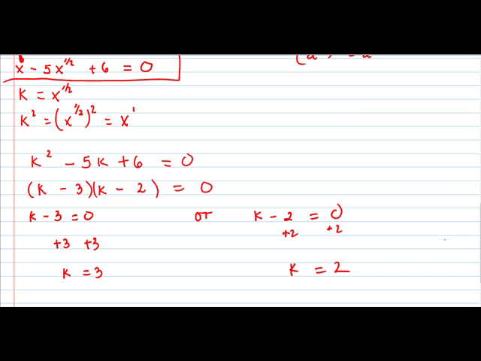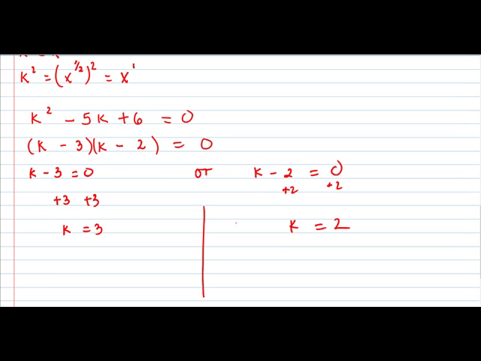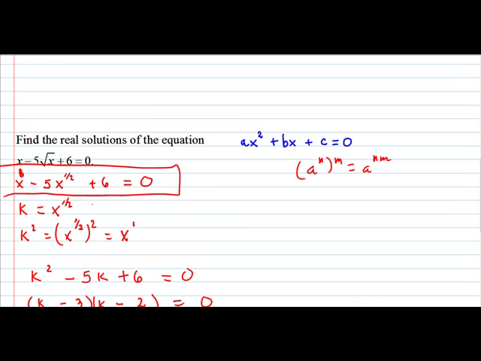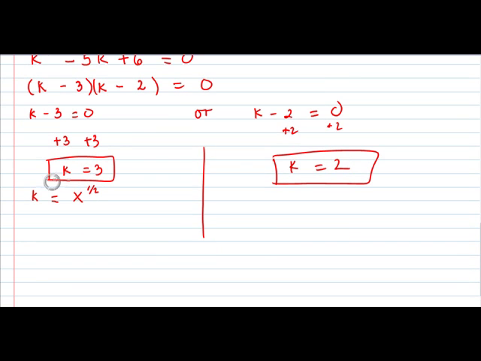Okay, now when I get to here, I'm not done yet because I'm looking for x, not k. Now to solve for x, we know that we let k equal to x to the 1/2. In the beginning, we let that happen. And we know that k also equals 3.